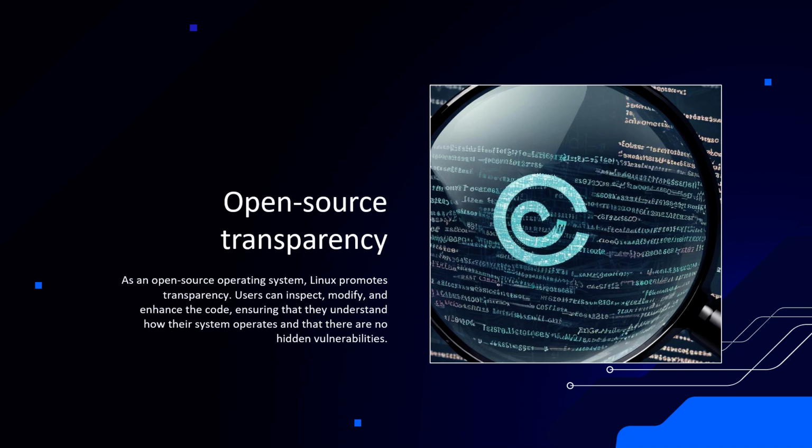Users can inspect, modify, and enhance the code, ensuring that they understand how their system operates and that there are no hidden vulnerabilities. So you can make your choice of the best distribution and the best inspection in order to verify if there is any vulnerability in your operating system.